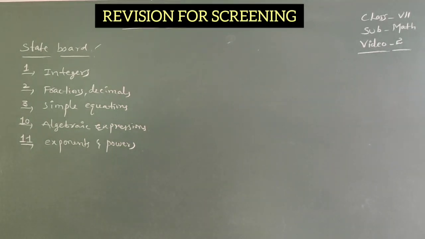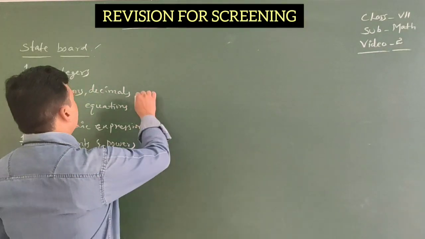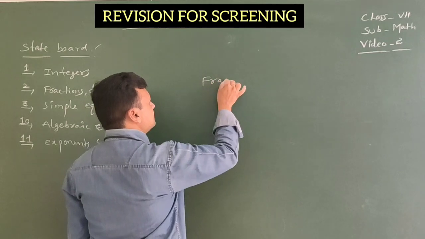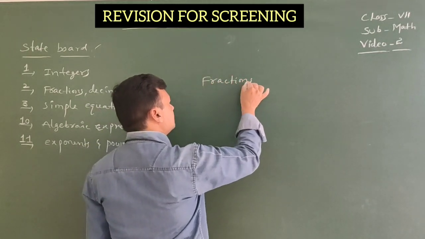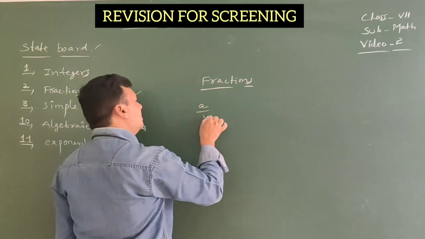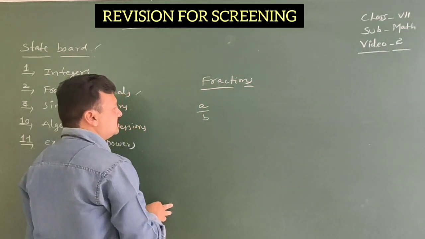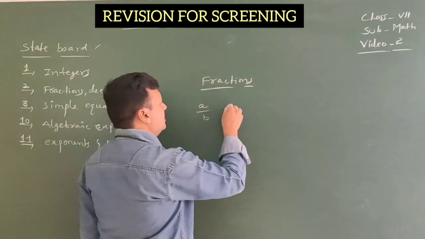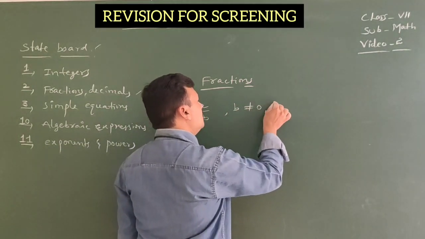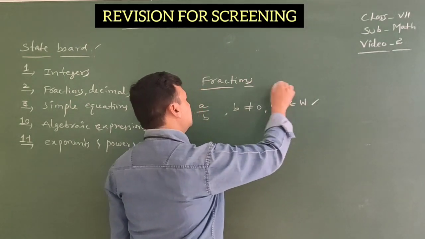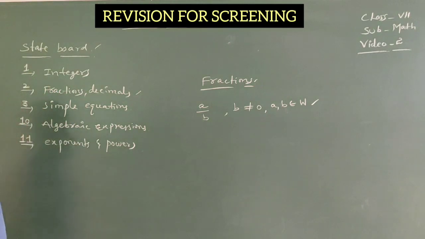Next, second chapter, fractions and decimals. For fractions, the numbers which are in the form of A by B, where B should not be equal to 0 and A and B are whole numbers, are called fractions.